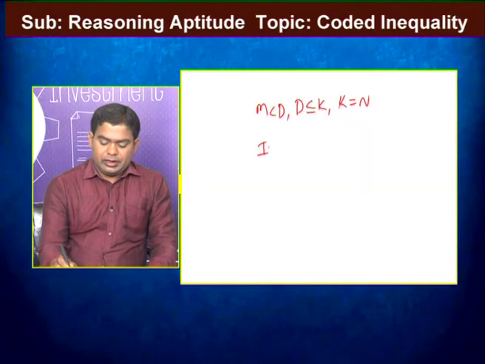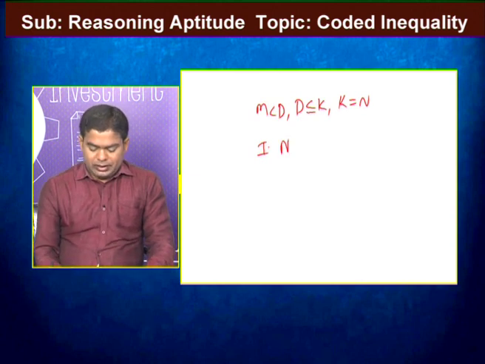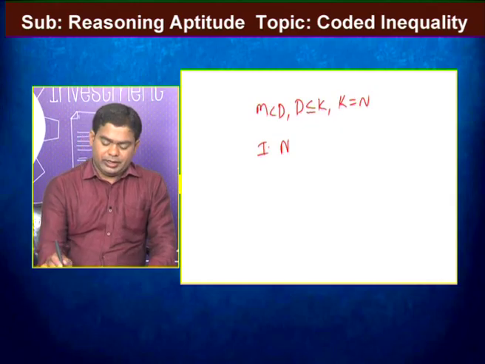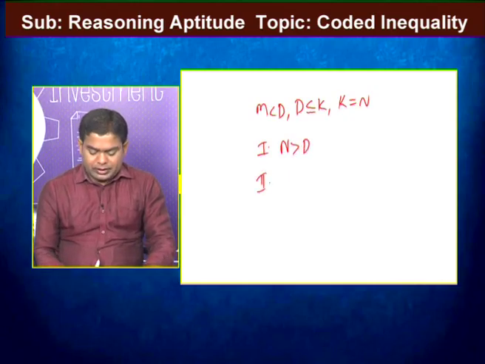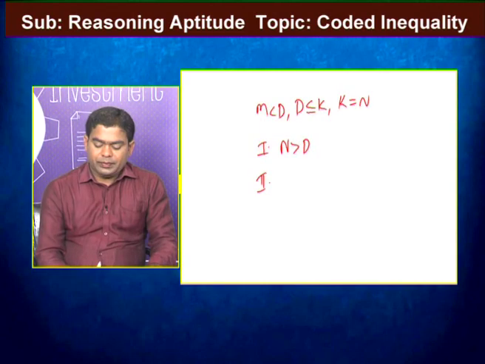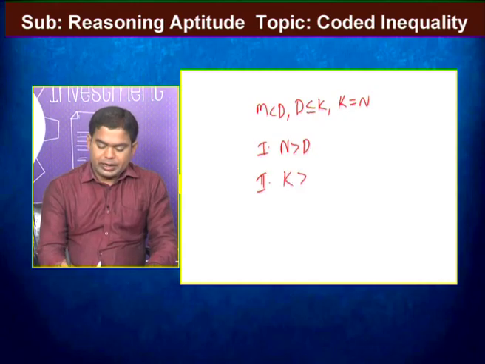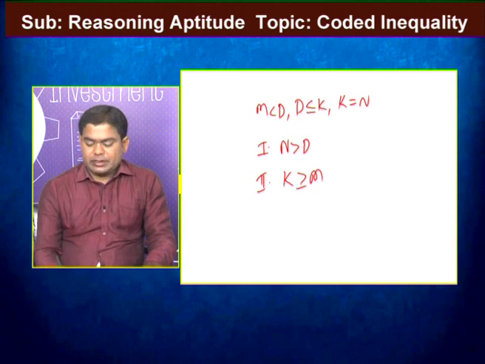Conclusion 1 is N $ D. In our question, $ denotes neither smaller than nor equal, means greater than: N greater than D. Conclusion 2, K % M. In our question, % denotes not smaller than, means greater than or equal to, that means K greater than or equal to M. So these are the conclusions.